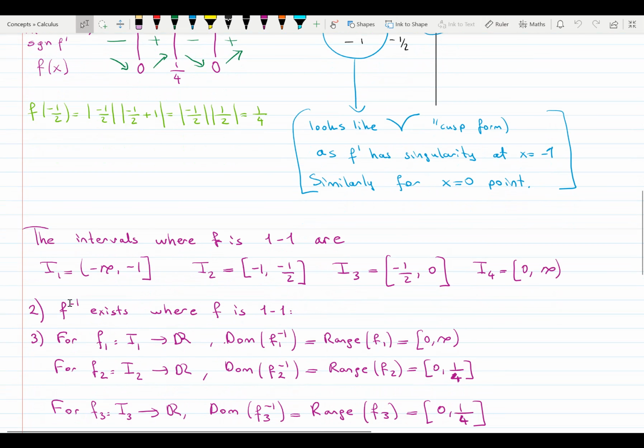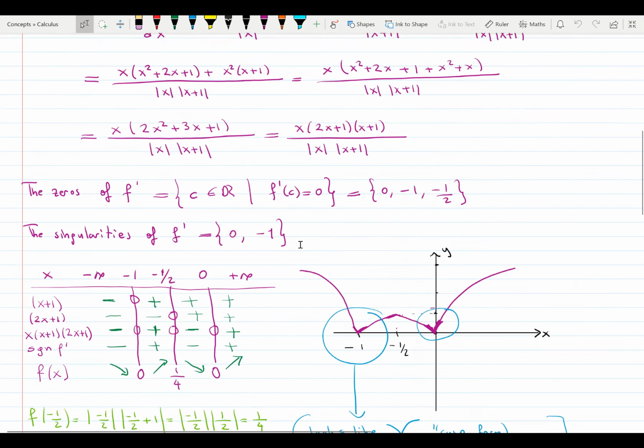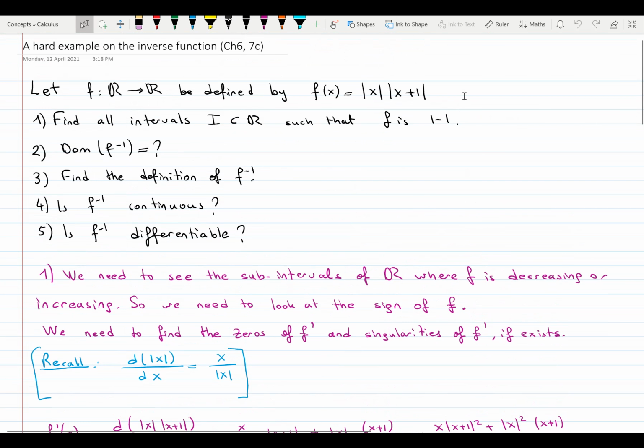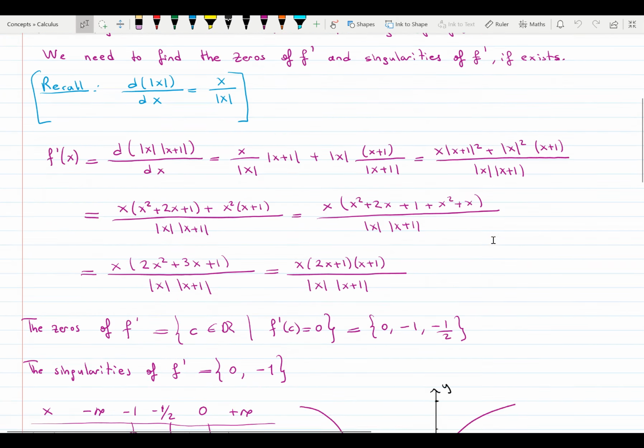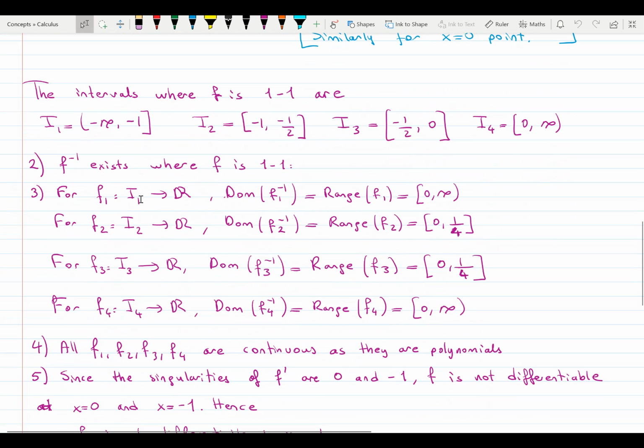So f inverse exists whenever f is 1 to 1, which is on these intervals. Since we have different intervals, let's call them f1 from I1 to R, defined with exactly the same definition. I am not changing the function, it is the same function all the time. I'm just giving the names f1, f2, f3 with respect to the domains of that function.